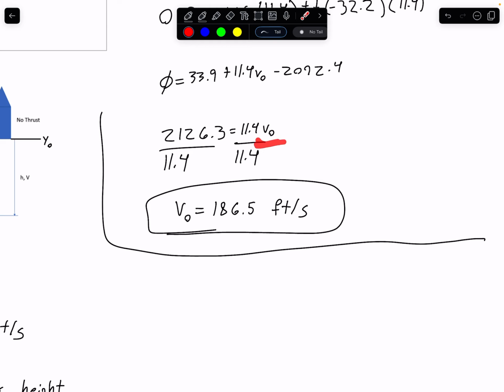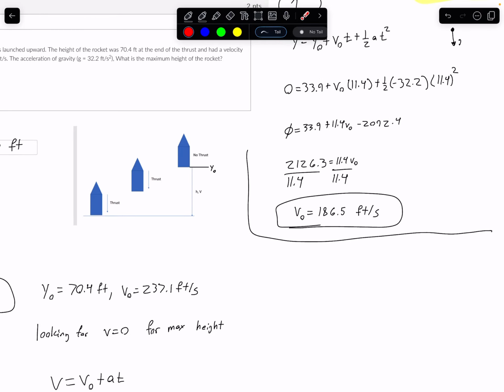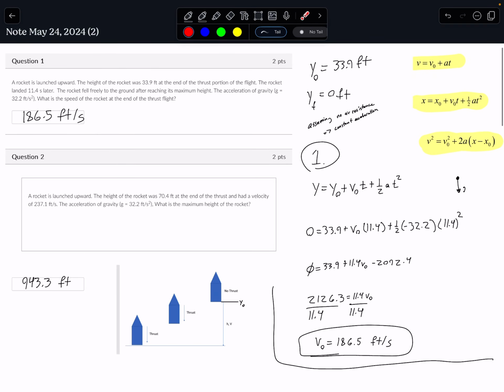We single out our initial velocity, v0, and we get 186.5 feet per second. I don't see anything more complicated than that, so that was fairly simple.